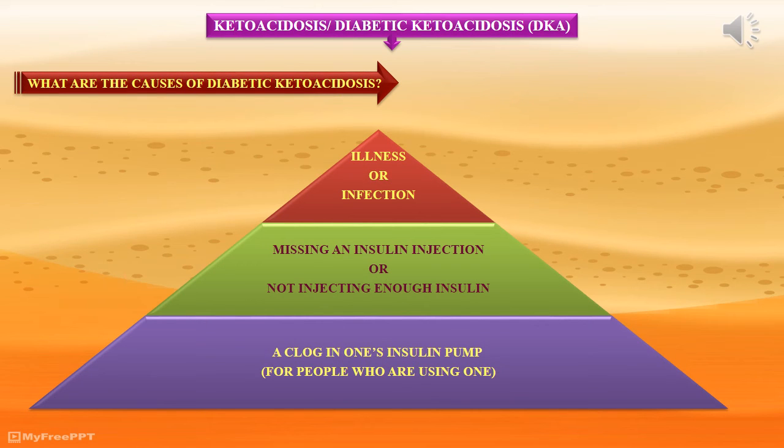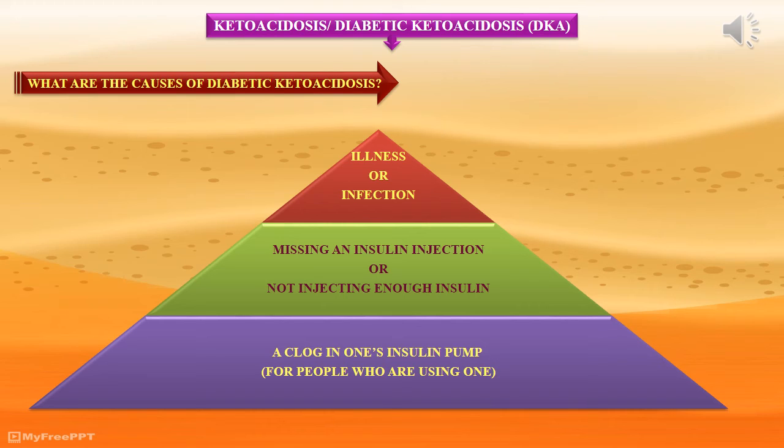Let's see the causes of diabetic ketoacidosis. It is caused by illness or infection, missing an insulin injection or not injecting enough insulin, or a clog in one's insulin pump.